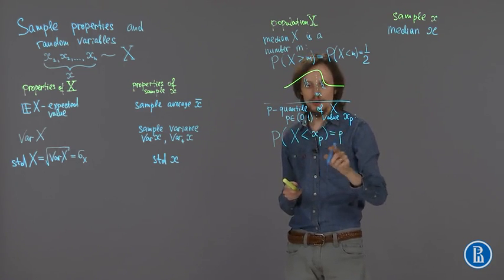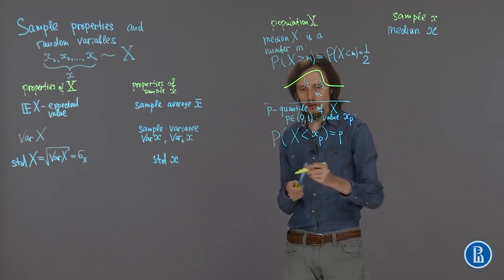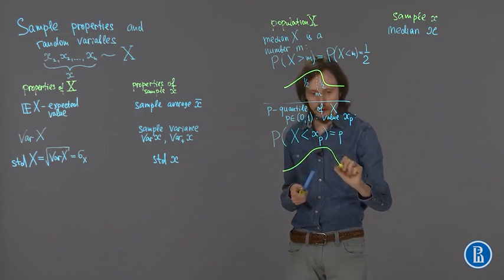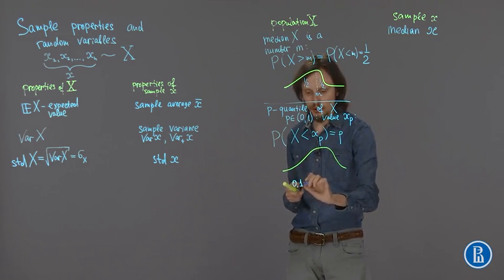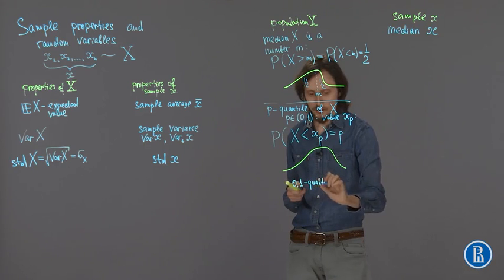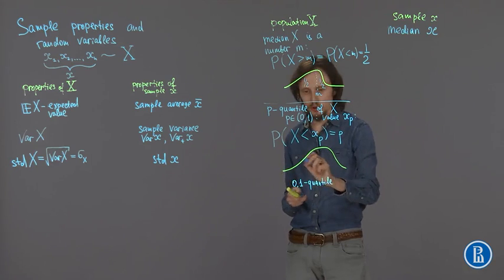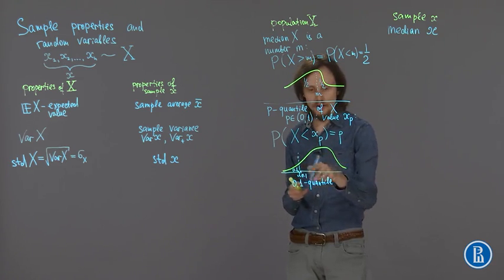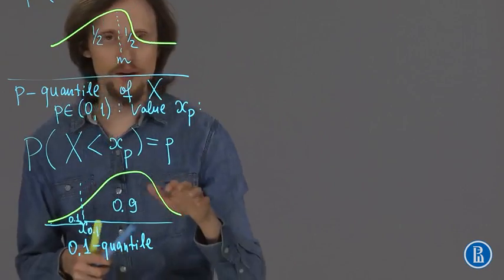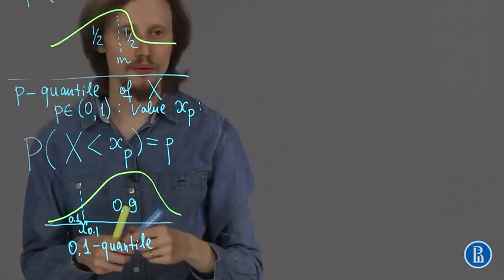So, for example, if I have some distribution and I'm interested in the 0.1 quantile, I have to put a point somewhere here, such that the area under this part of the curve is 0.1 and the area under the rest of the curve is 0.9. We can define quantiles for a sample as well.